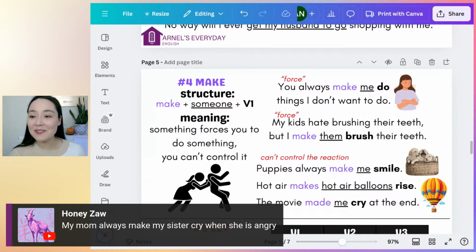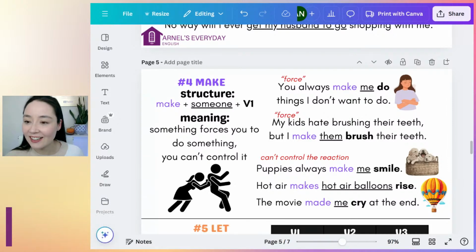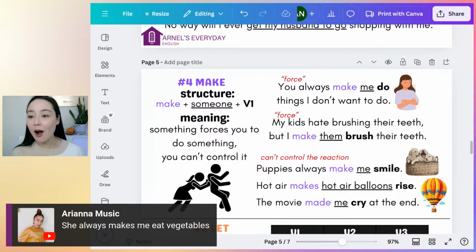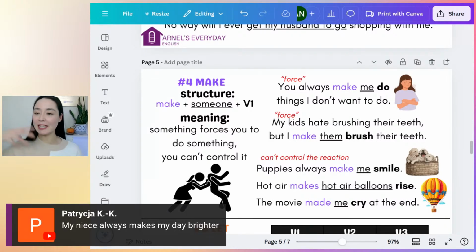Ooh, good example, honey. My mom always makes my sister cry when she's angry. That can happen, yeah. Ariana, she always makes me eat vegetables. Yep. Nice. This is such a nice, pleasant example. My niece always makes my day brighter.